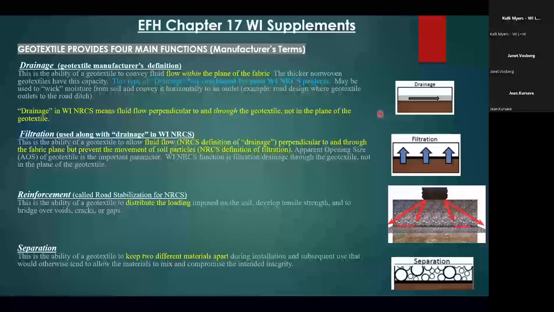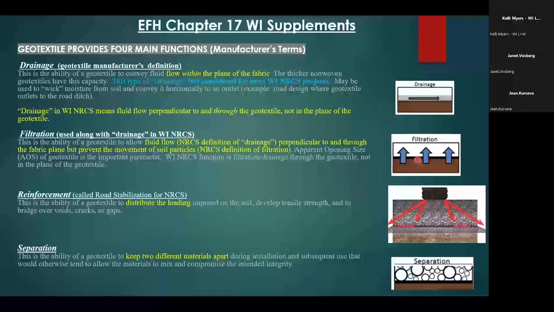But I just wanted to point out, because sometimes I think with terminology we get mixed up in that, like the manufacturer is saying, yeah, that's great for drainage, but what they really mean is it's great for horizontal drainage. What we want is vertical drainage. So filtration is the other one. They're on the same page as us about that one. That's this one here, fluid flow through it.